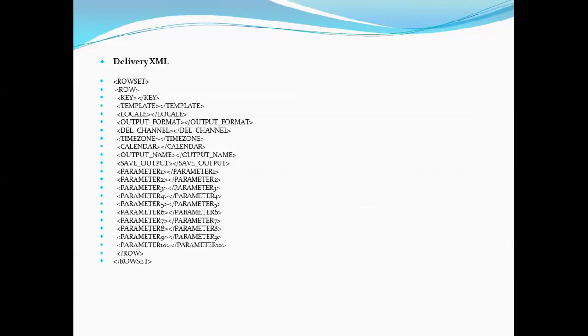Okay. So this is what our delivery XML looks like: row set, row. This is the key, template, your template name, locale, your template language, output format, delivery channel. You need to hard code the delivery channel. This is the time zone, this is the calendar, output name, save output, parameter 1 to 10, and row set.